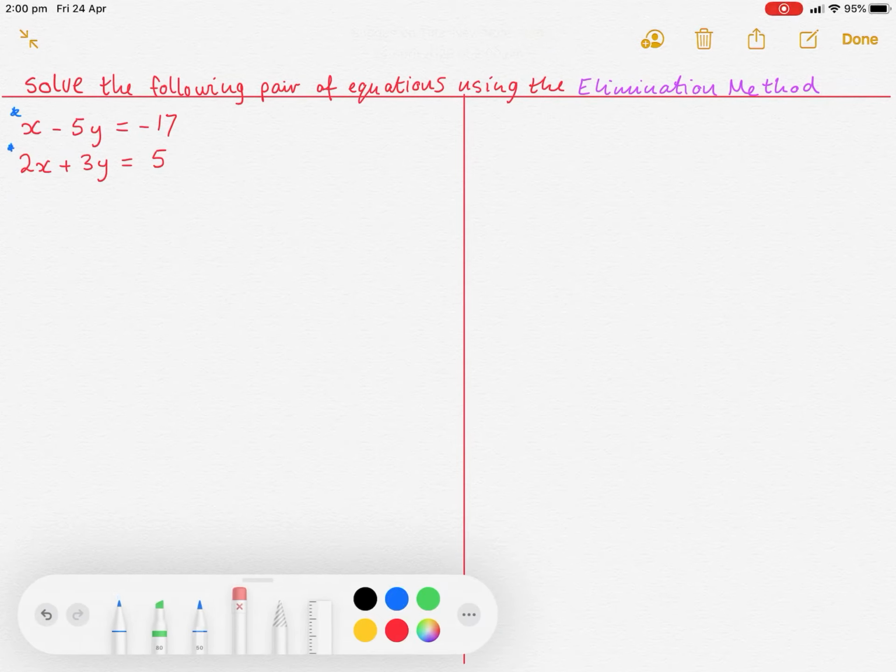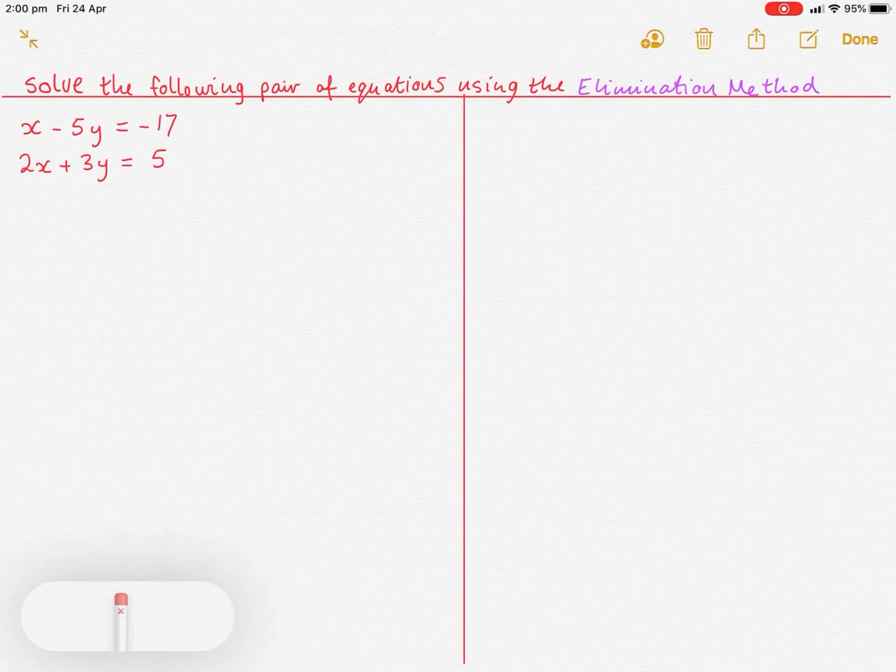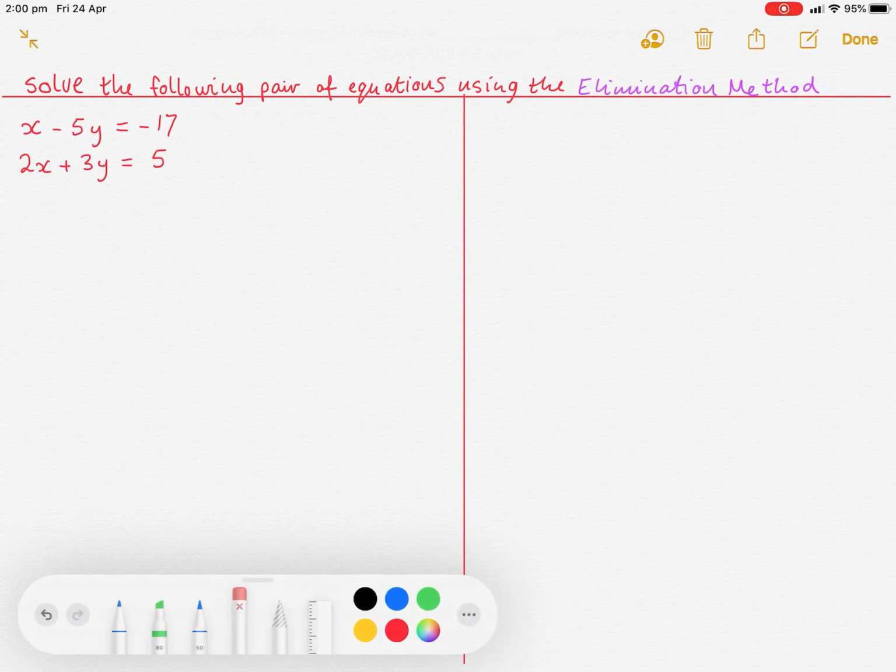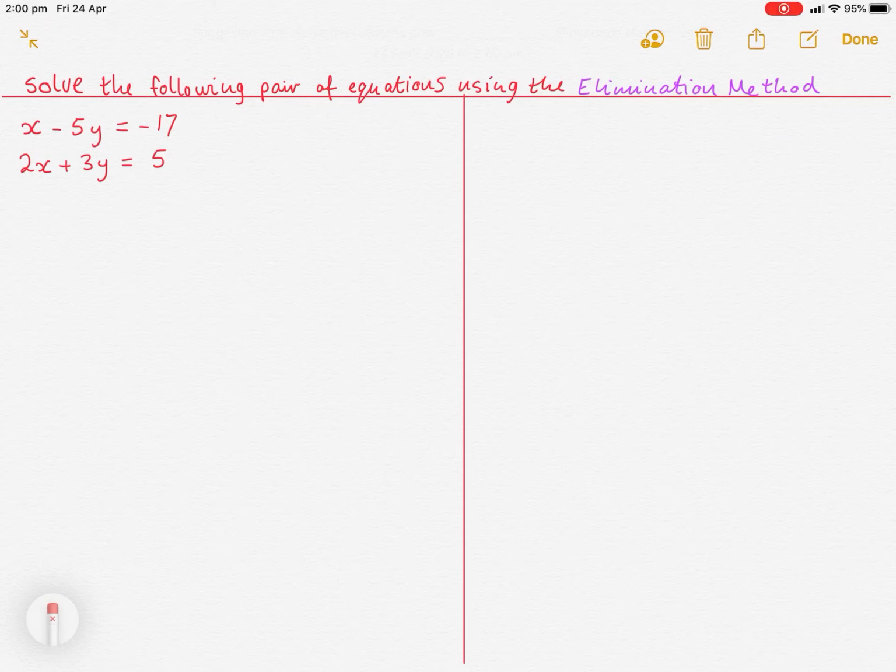So what we need to do, we need to think of it quite literally in terms of we need to eliminate. We need to eliminate one of the variables, x or y.